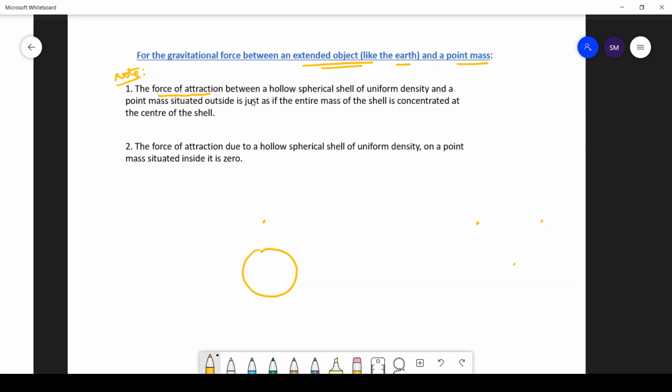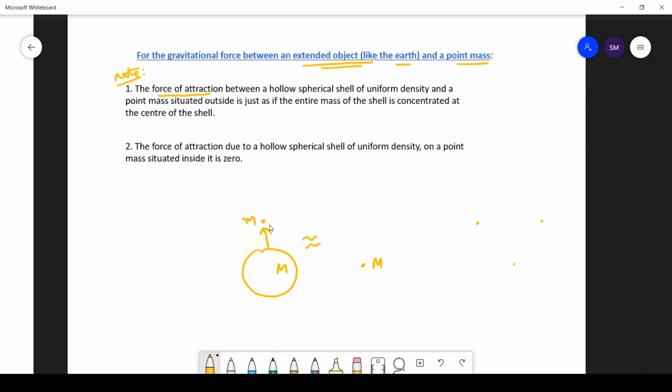The force of attraction between a hollow spherical shell of uniform density, so this is hollow, and a point mass m situated outside is just as if the whole mass is concentrated at the center of the shell, because this is the center of mass.